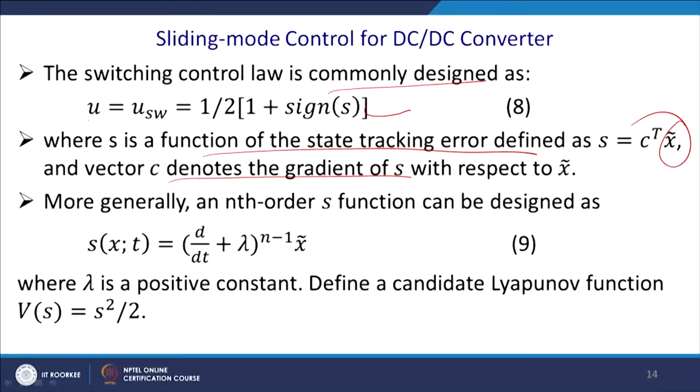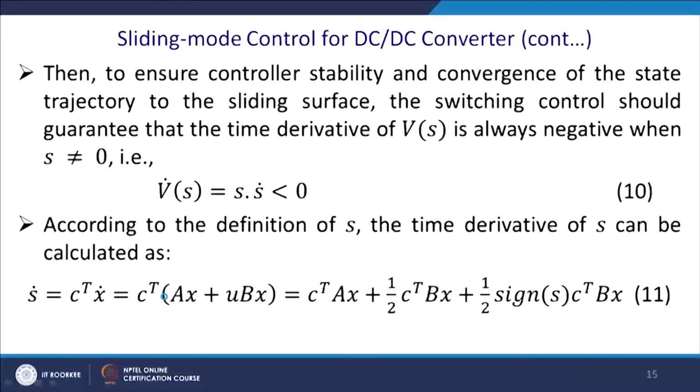More generally, an nth order S function can be defined as S of t equal to d/dt plus lambda to the power n minus 1, a polynomial of order n minus 1, into x delta, where lambda is a positive constant, defined as a candidate of the Lyapunov function and having this property that Vs equal to S square by 2. This is the energy function. So, then what do we require to do?